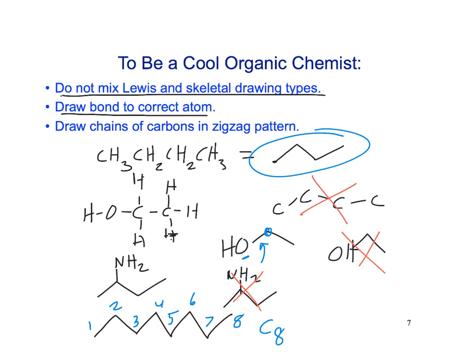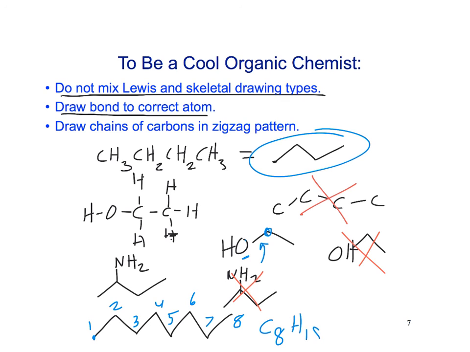C8. We have this carbon on the end. Number 1 has 1 bond to carbon 2, so it has to have 3 hydrogens. So carbons 2, 3, 4, 5, 6, and 7 all have 2 hydrogens each, so 3, 4, 5, 6, 7, 8, 9, 10, 11, 12, 13, 14, 15, and 8 has 3, 18.